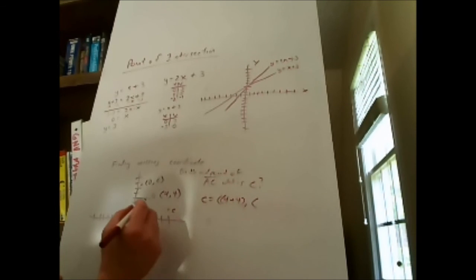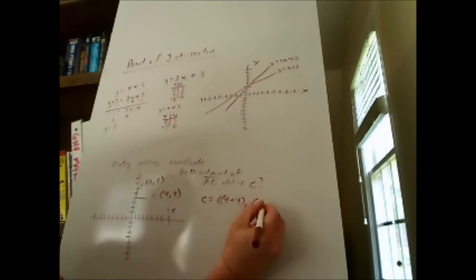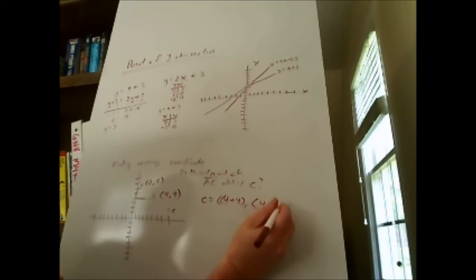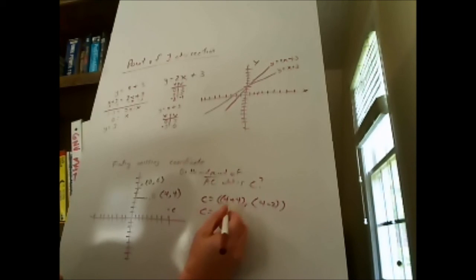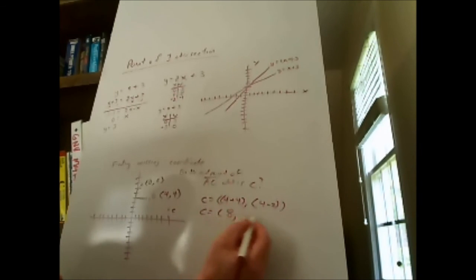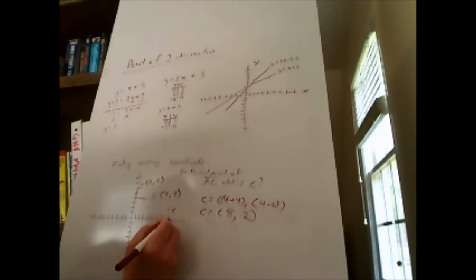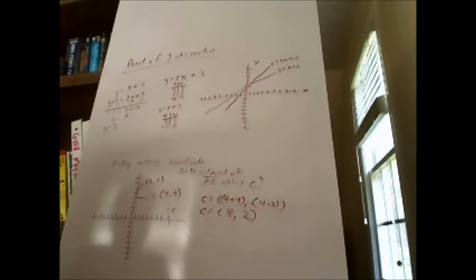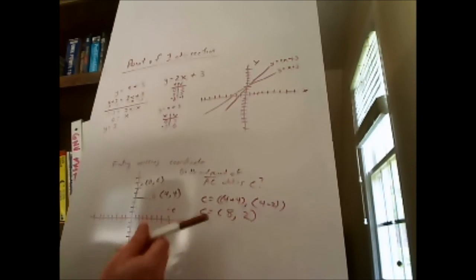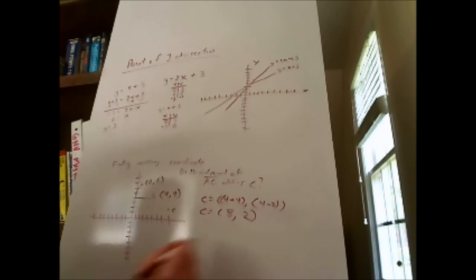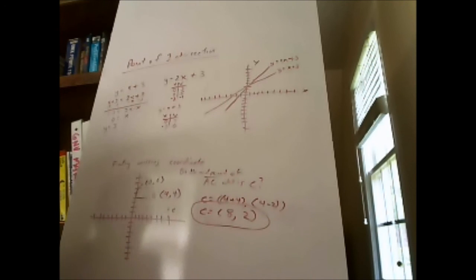And your y, you're starting out also at 4, but you're going to go down 2, minus 2. So c is going to equal 4 plus 4, 8 for the x, and 4 minus 2 is 2 for the y. So your coordinates are x is 8, y is 2. 1, 2, 3, 4, 5, 6, 7, 8, and 2. There's your point C. This is how you find a missing coordinate given two points, where one of the points is the midpoint. And that's that.